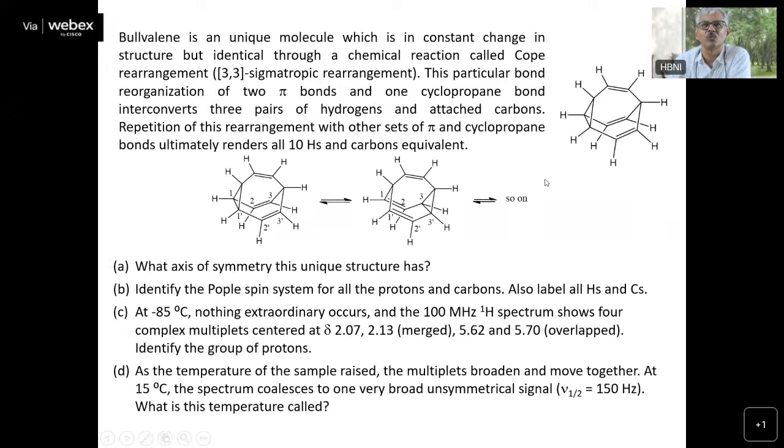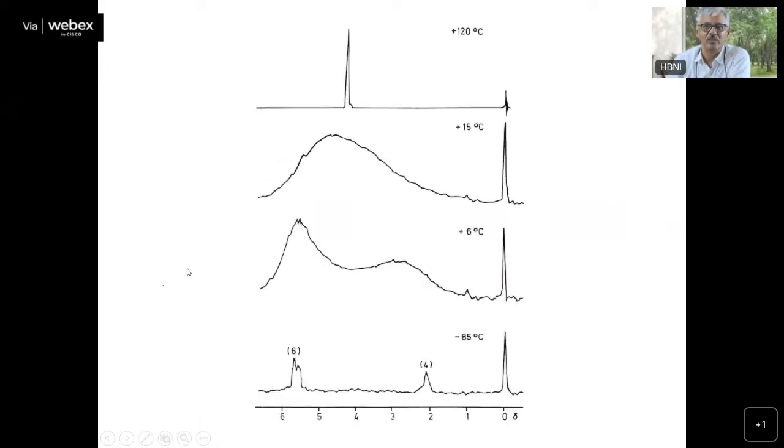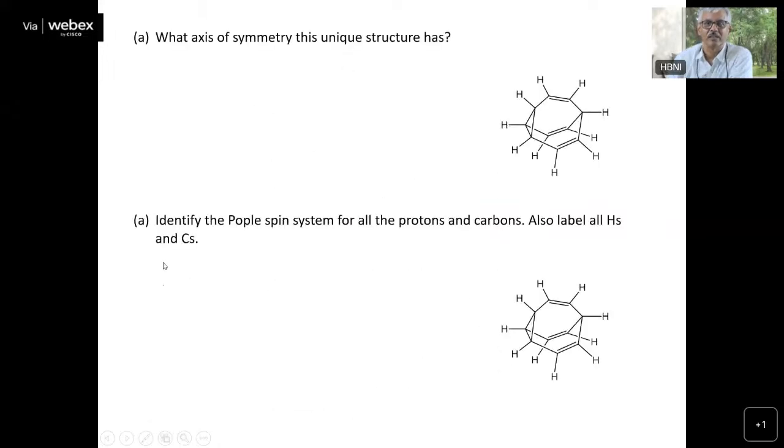If you want to know the symmetry axis in this molecule, the molecule has a C3 axis. I'll show you that C3 axis. The molecule possesses a C3 axis of symmetry.